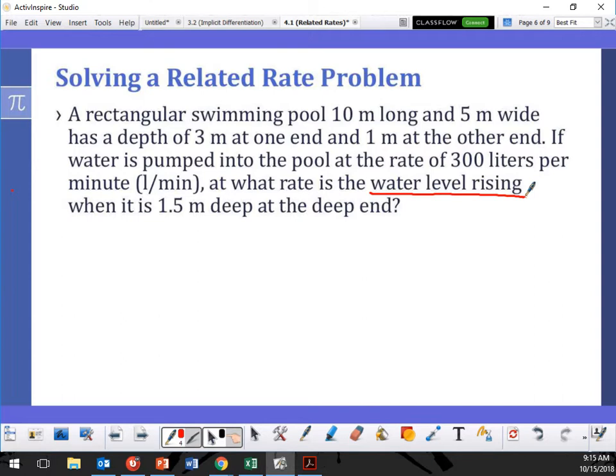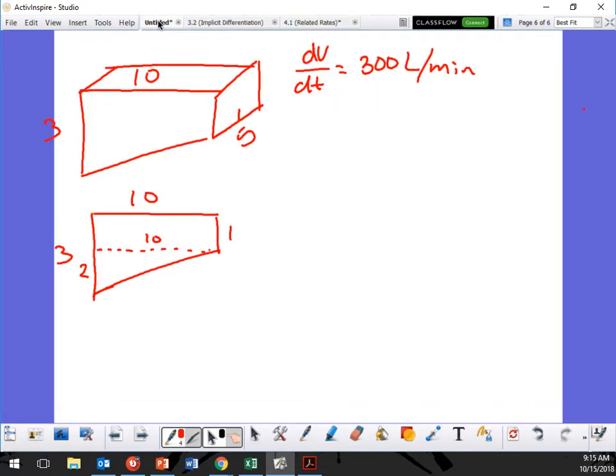So the rate of the water level rising, I'm going to mean that it's going up this way, right? So I'm going to call it H. So it's going to be dH/dt. That's what I'm looking for, the rate, and it said when H is 1.5 meters.